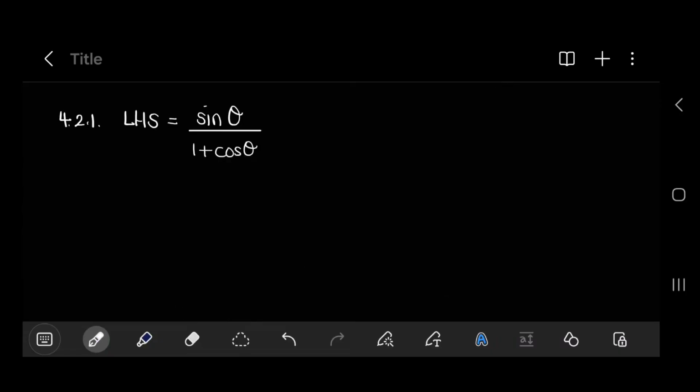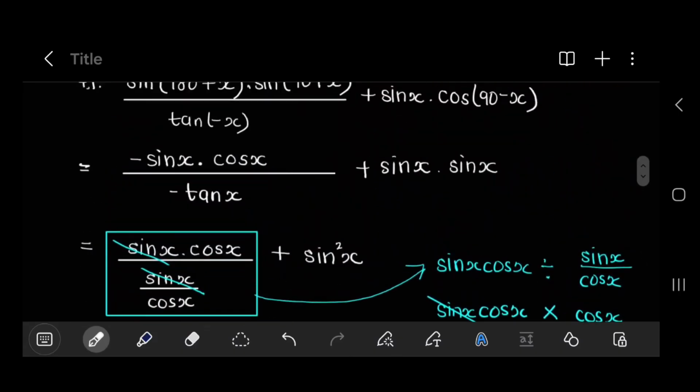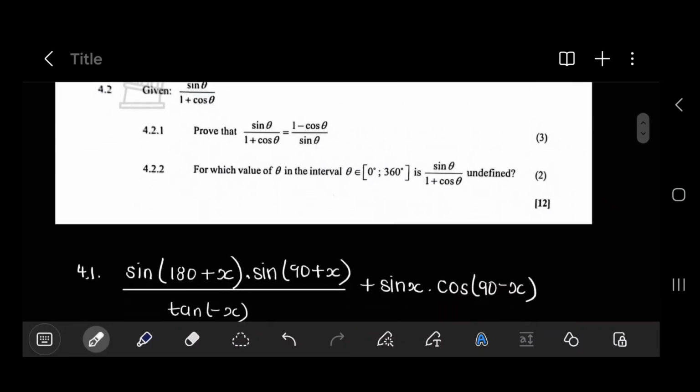So here we're going to start off by saying left-hand side is equal to, and looking at, if we go back up to the question, and if we analyze the right-hand side, the answer that they want is kind of this fraction inverted, but the sign changed. So we got the sine theta at the bottom, and in the numerator we have 1 minus cos theta.